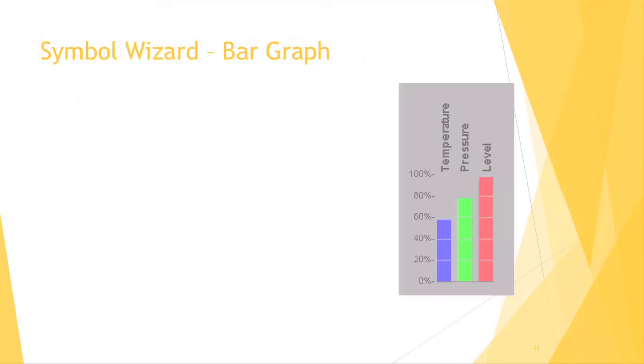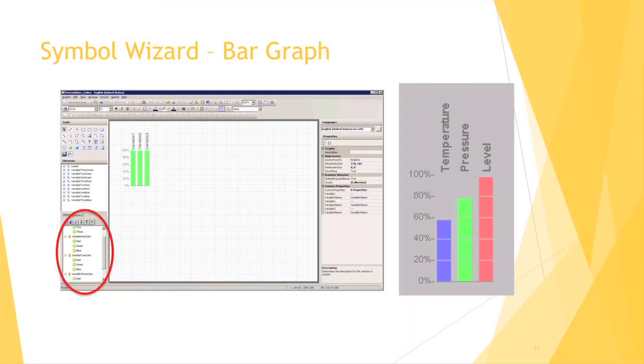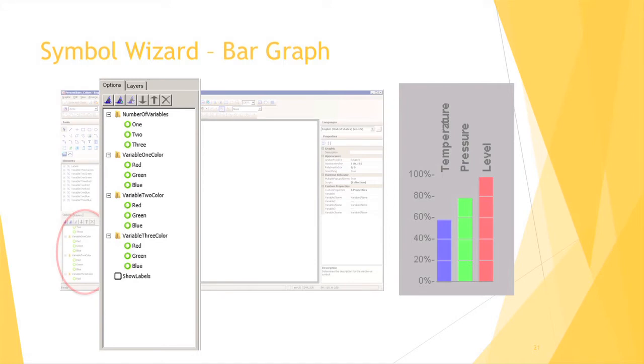So in the symbol editor, there is now a new pane for the symbol wizard. And what you do when you build a symbol wizard is you define choices or options. So in this particular case, I've got an option for the number of variables that I want to show, 1, 2, 3, how many bars, and what color I want them to be.